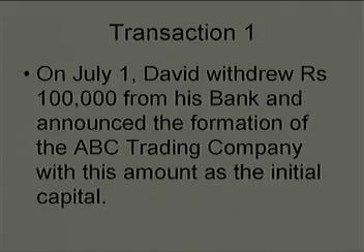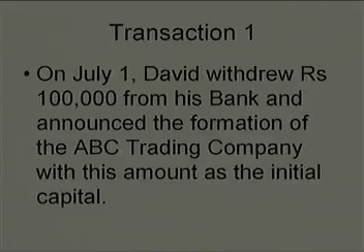So, let us say on July 1st, David withdrew rupees 100,000 from his bank and announced the formation of the ABC Trading Company with this amount as the initial capital. So, he has got his degree, he has got money with him in his bank account. He has withdrawn rupees 100,000 from his bank and started the company.